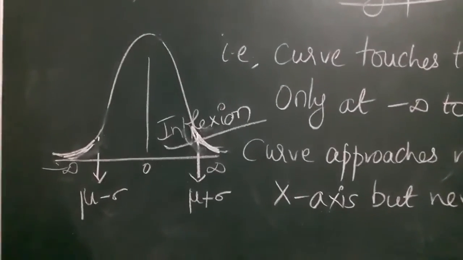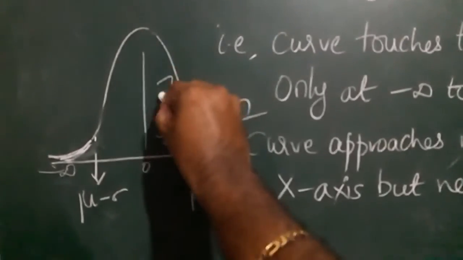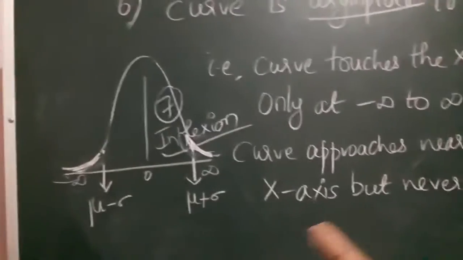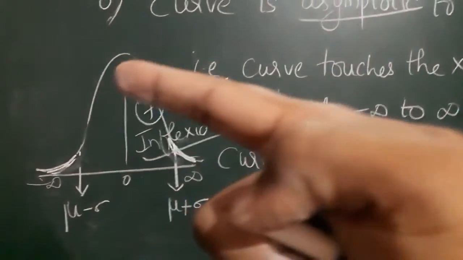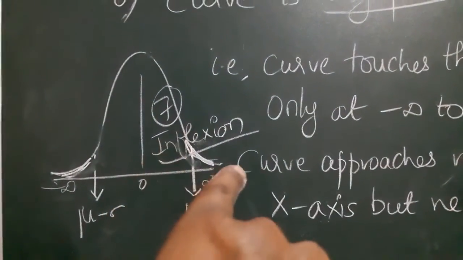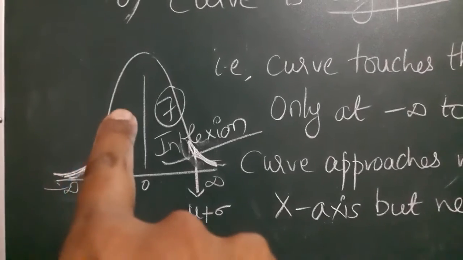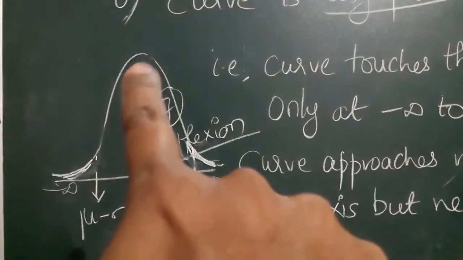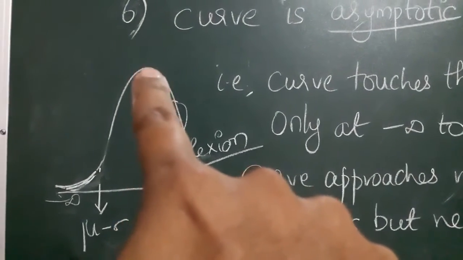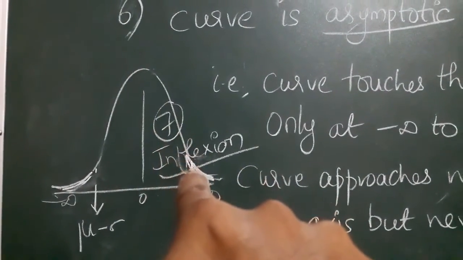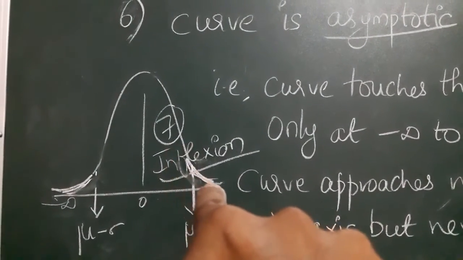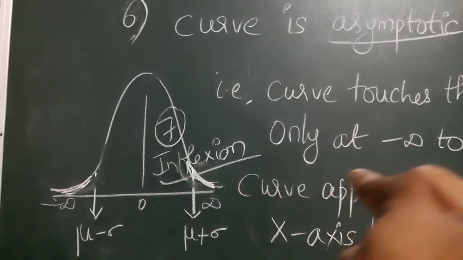So remember, this is property number 7. The earlier one was property number 6. And property number 7, the curve has points of inflection where the curvature takes place, right? So it is reaching one saturation point, again it is crashing down, and here the curvature bends a little and goes towards infinity.